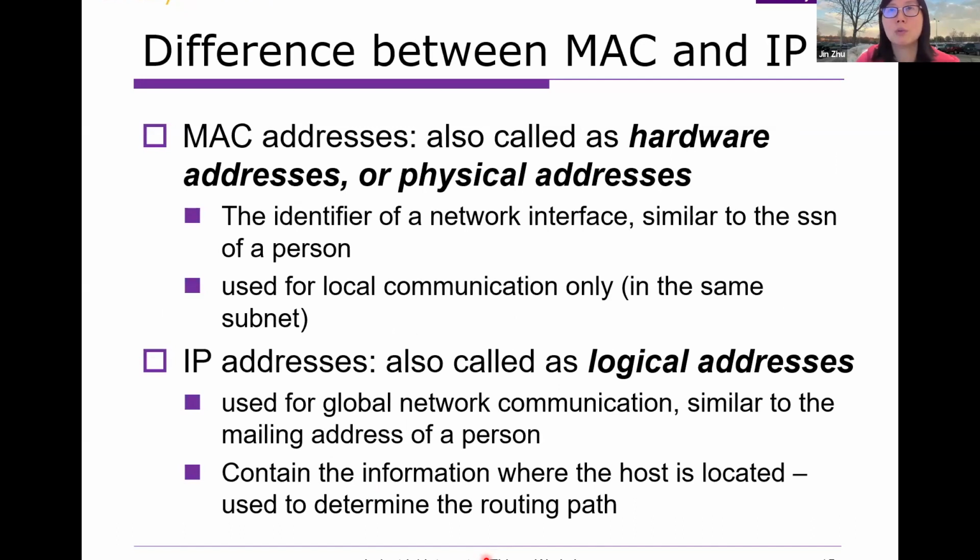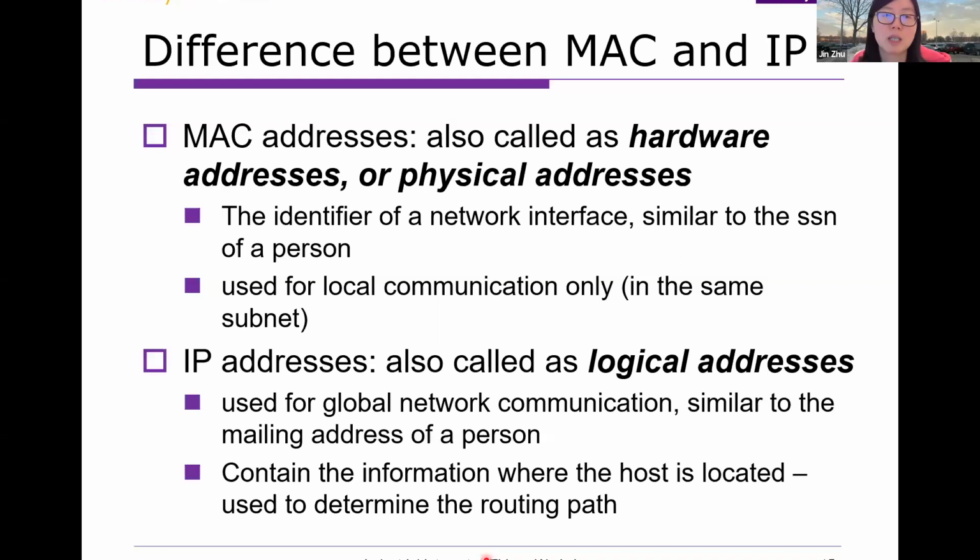It's tied to the network interface card, or tied to your person, and it has to be unique. It is only used for local communications, when those 2 interfaces are within the same subnet, next to each other. Then you can use that SSN to identify it. They have to be in the same room.